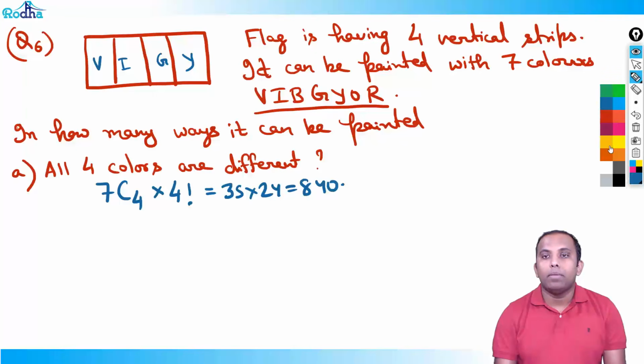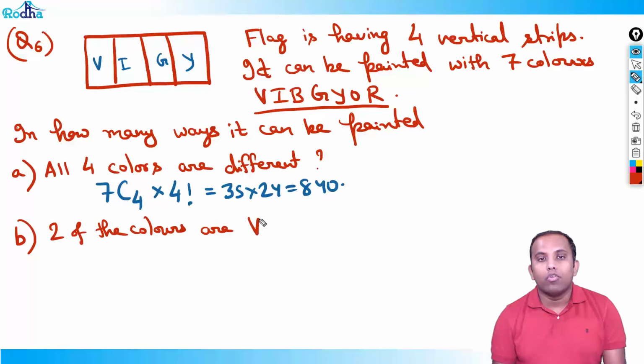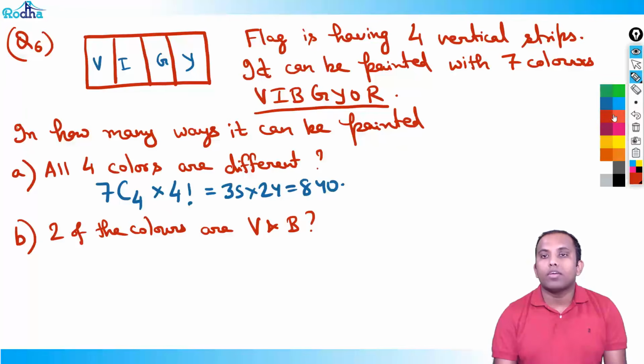Now the B question, the second part, B: when two of the colors are violet and blue. In that case, what is the answer?